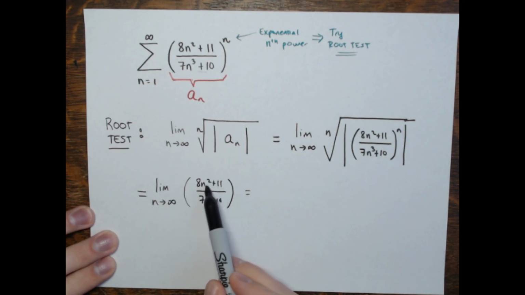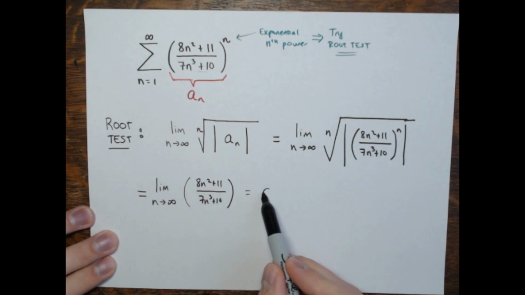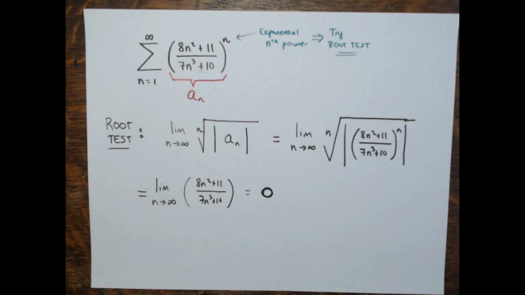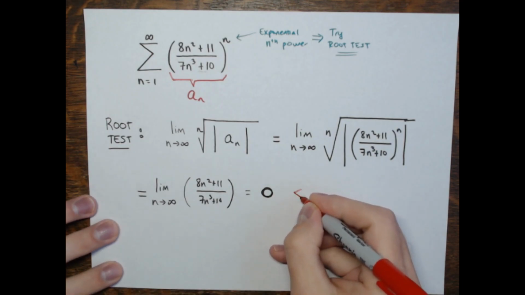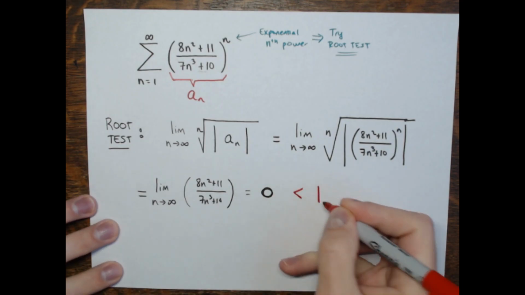The numerator is a degree 2 polynomial, the denominator is a degree 3 polynomial, and you may recall if the denominator has a larger degree than the numerator, the limit is 0. This is definitely less than 1. This limit is less than 1.